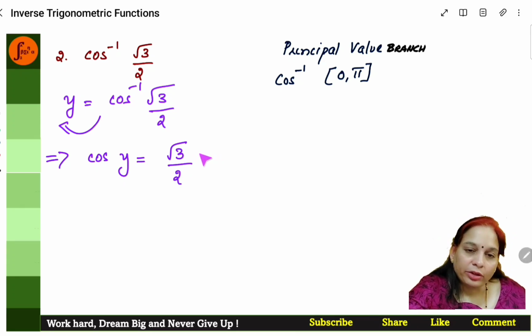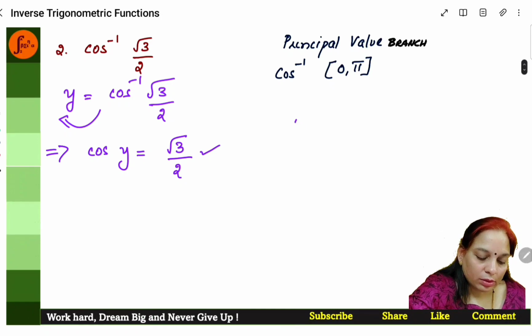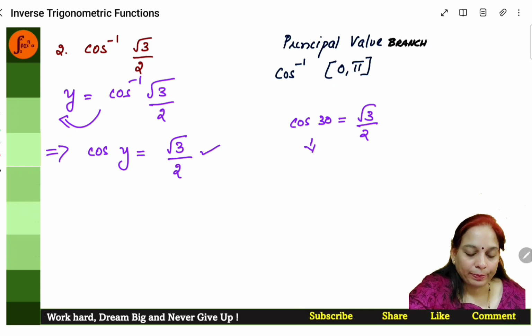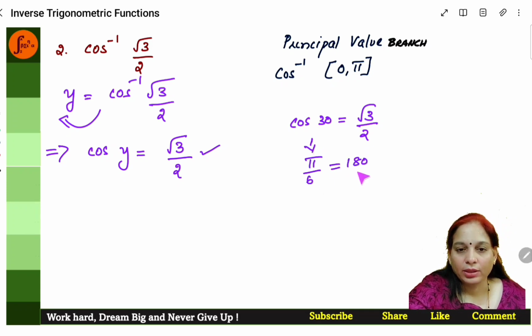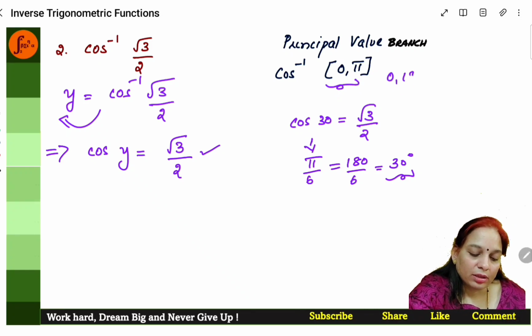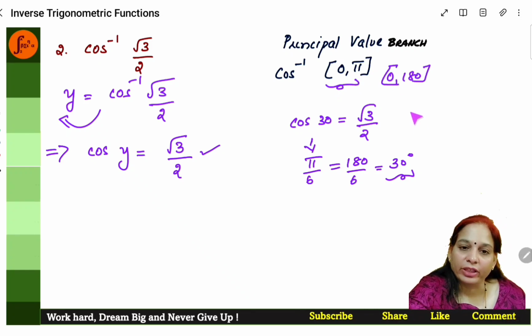Now in the trigonometric chart, cos 30 is root 3 by 2, and 30 degrees is pi by 6, that is 180 by 6. Now this 30 degrees is within the range 0 to 180 degrees.